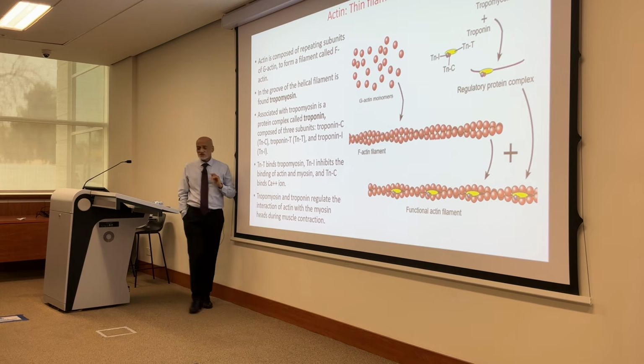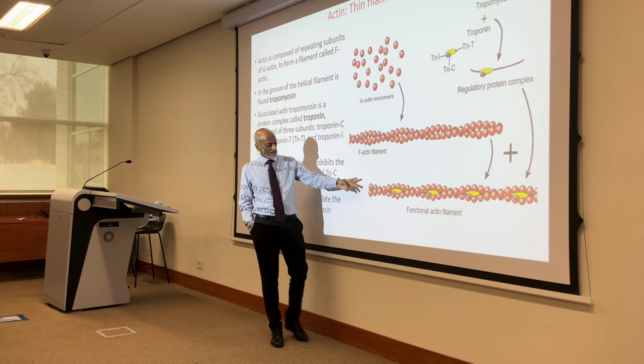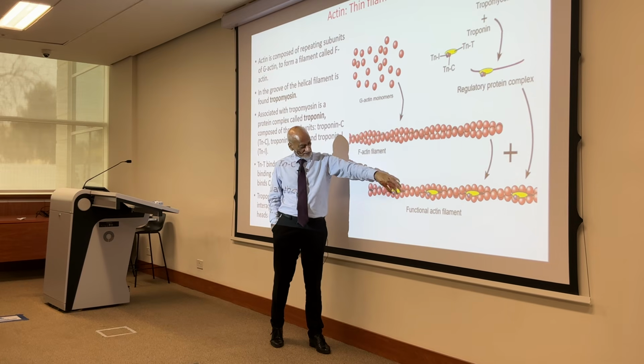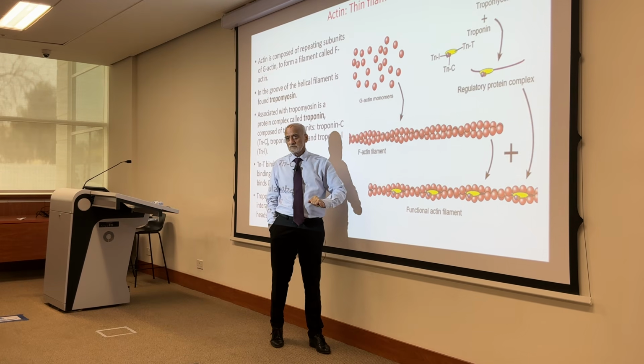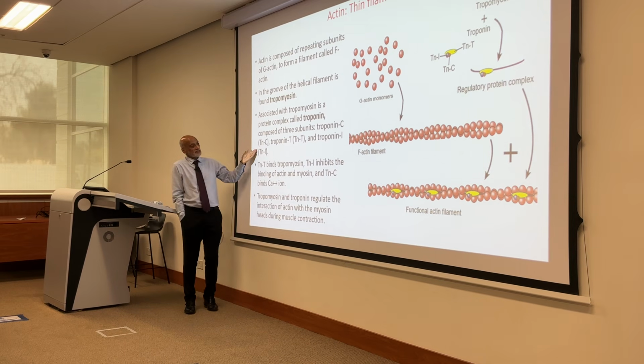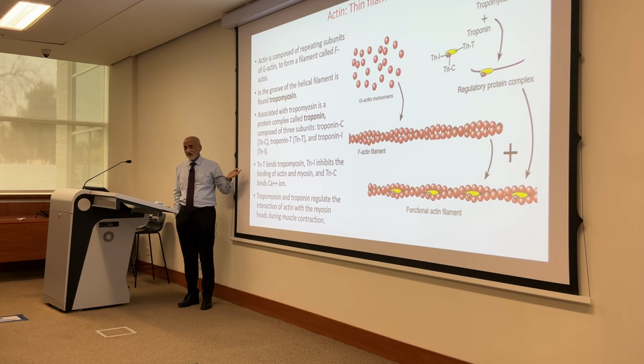Okay, and you can see them here. So there's the actin, the myosin, tropomyosin is the black line, and this is the group of troponins, three of them: troponin C, T, and I. What does C do? C will attach to calcium. What does T do? T attaches to tropomyosin, sorry.